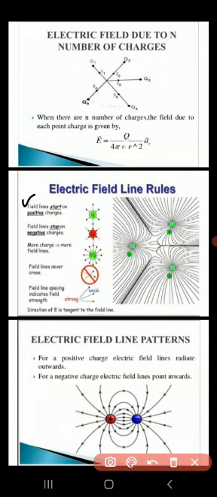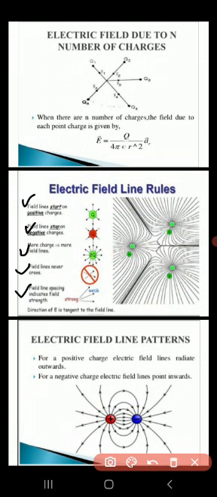Field lines stop on negative charge. If there is more charge, more electric field lines are there. Next, field lines never cross or intersect each other. And field line spacing indicates the field strength. The more the field lines, the more the strength of the electric field.